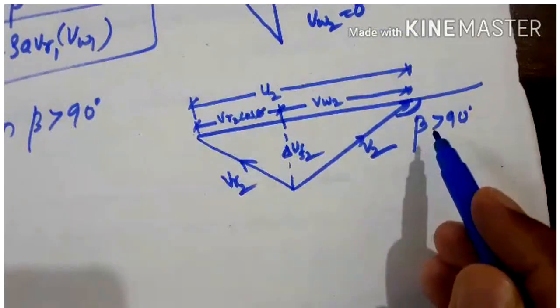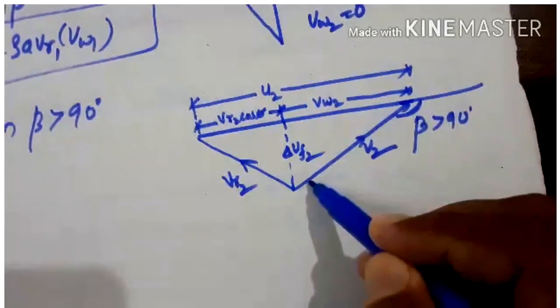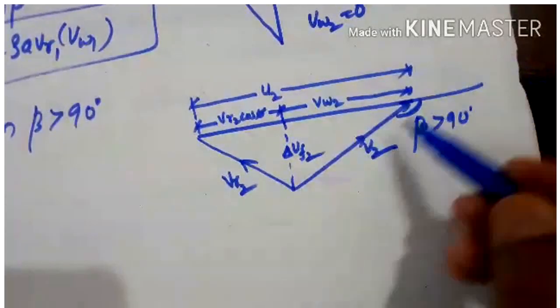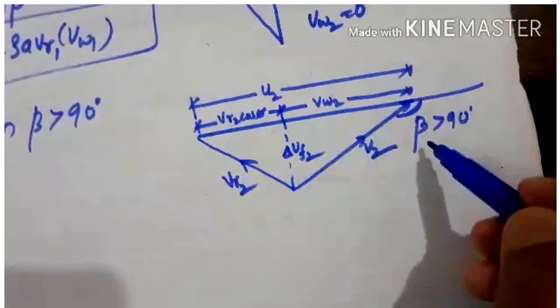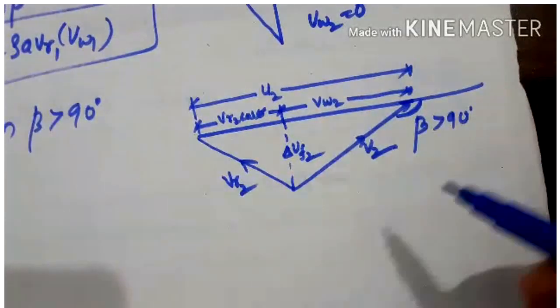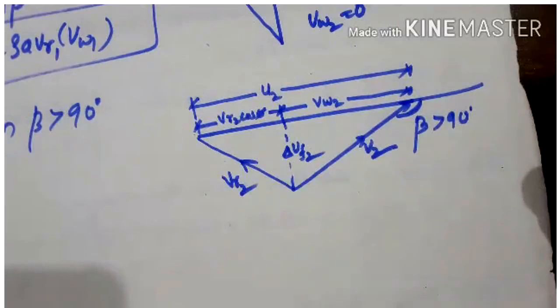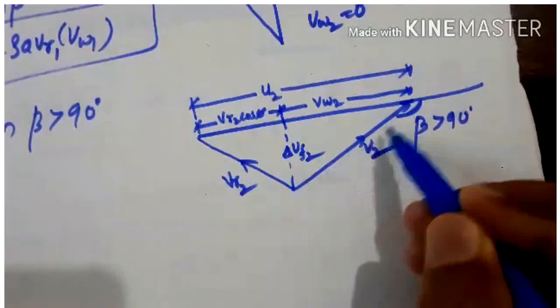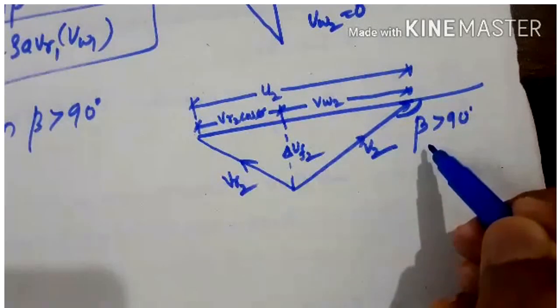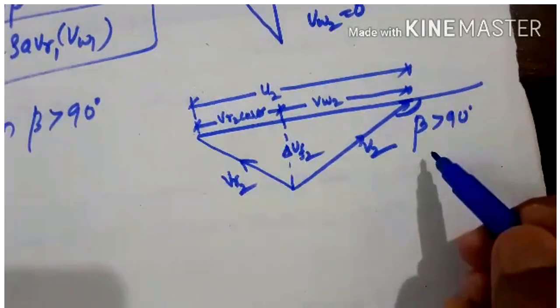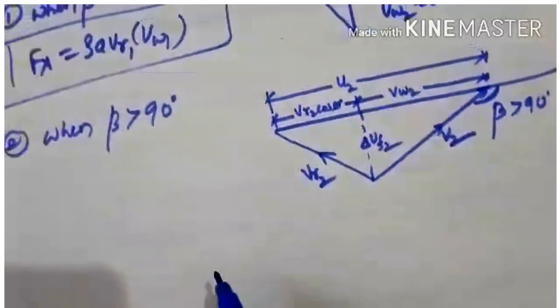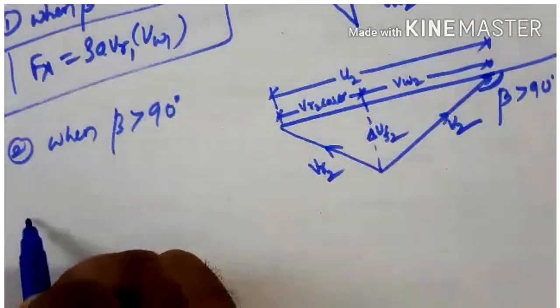If beta is more than 90 degrees, this is the angle at which the jet is exiting from the vane. So in a problem they will say the jet is exiting from the vane at an angle of 90 degrees, or less than 90 degrees, or more than 90 degrees. If V2 makes an angle with horizontal greater than 90 degrees, then what will Fx be?